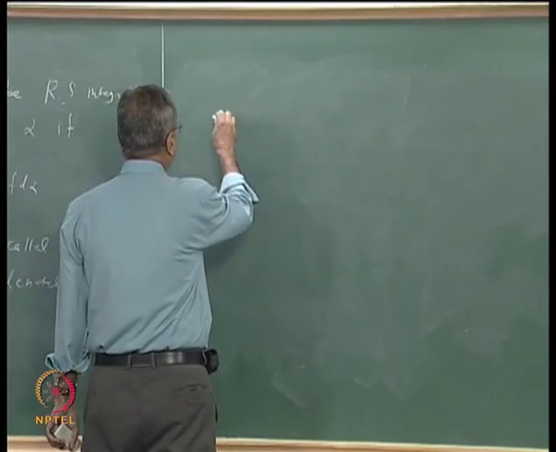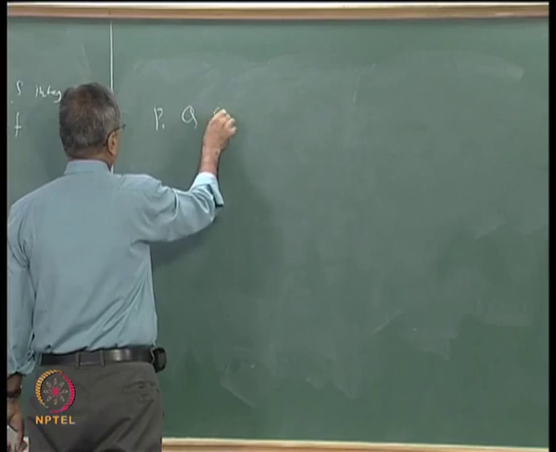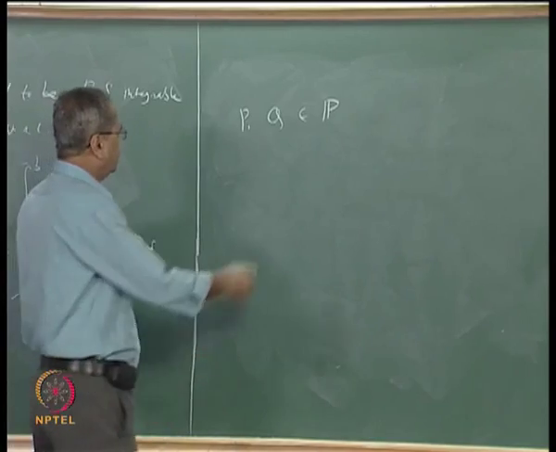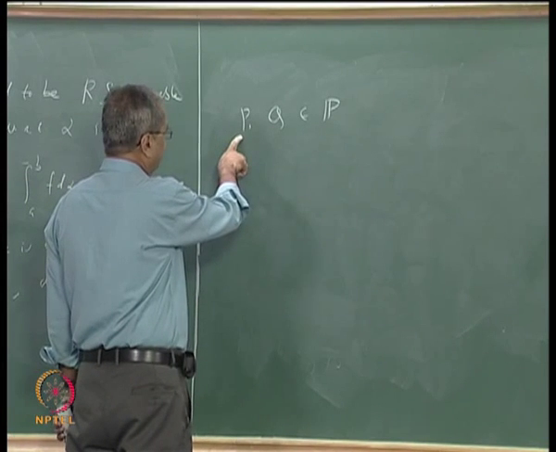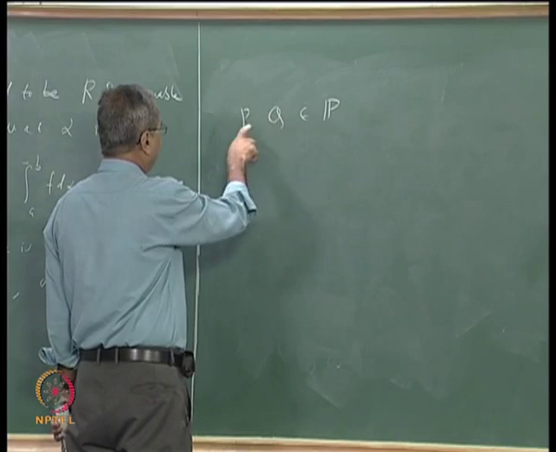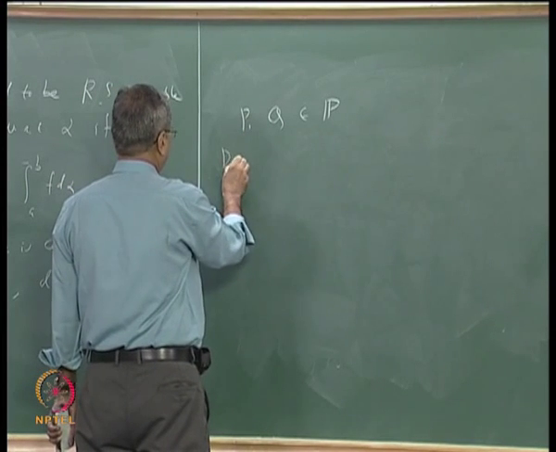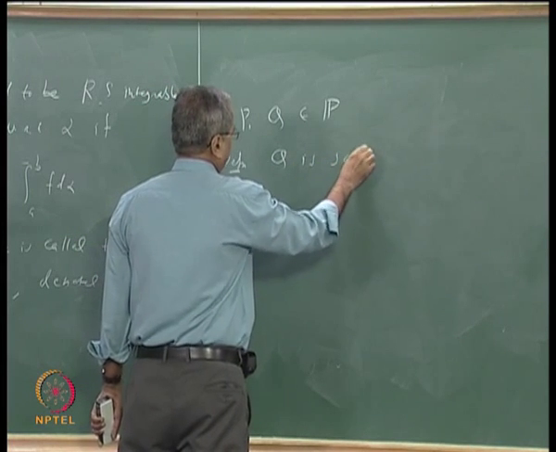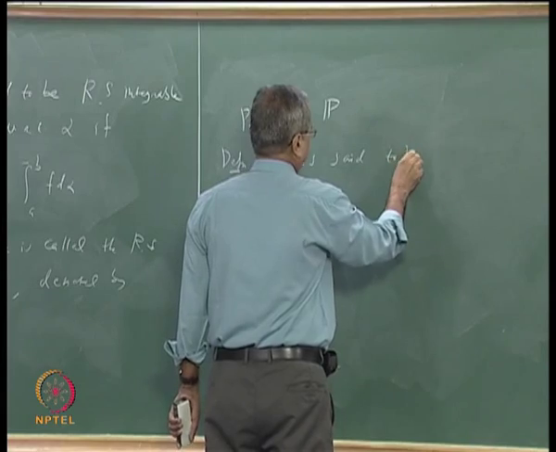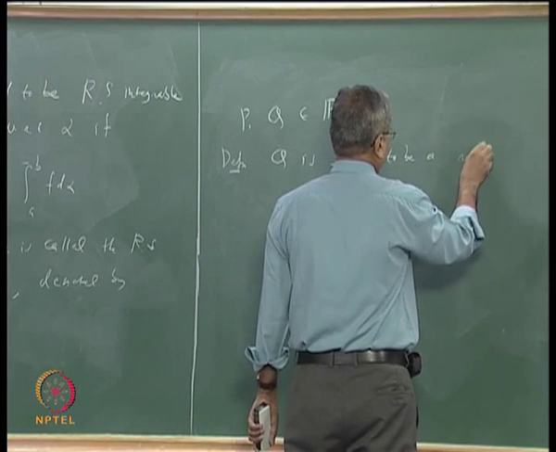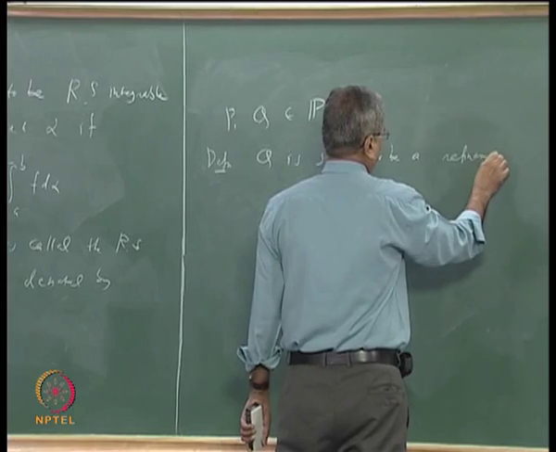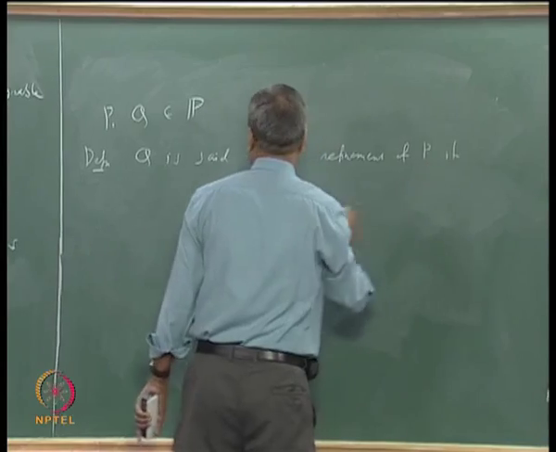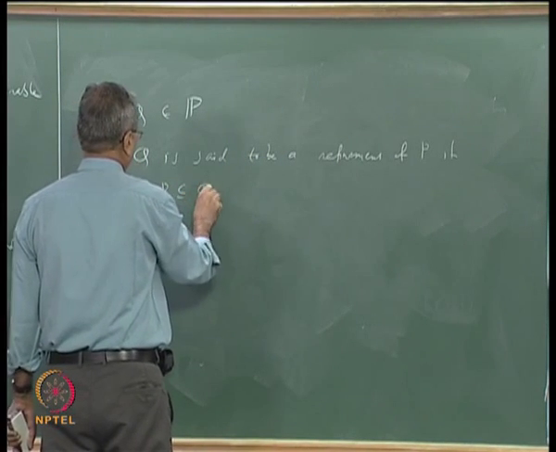So let us say that we take two partitions P and Q, okay. Then we say that one partition is a refinement of the other if as a set Q contains P. This is a definition: Q is said to be a refinement of P if P is a subset of Q, okay.